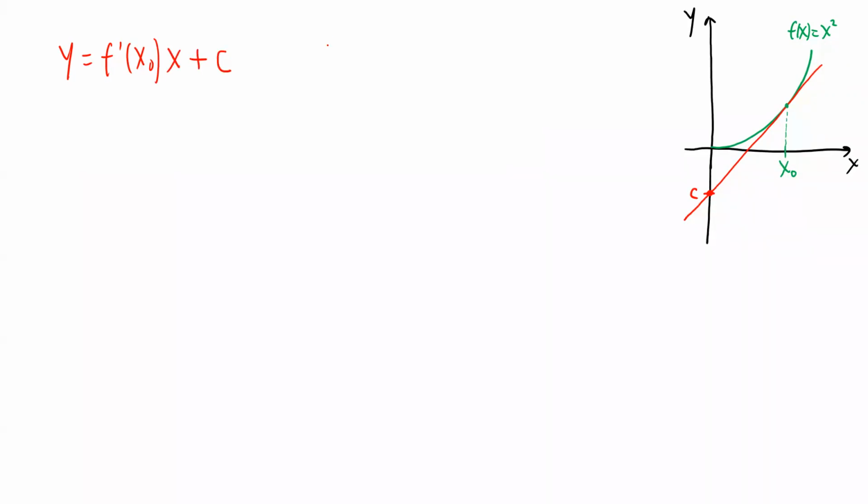Because we know that the equation of a straight line is y equals mx plus c, where m is the slope. The slope is f prime x0 in this case, and c is the y-intercept. So it's located over here, c.